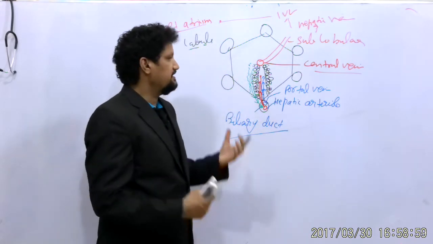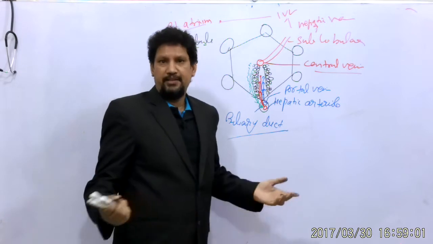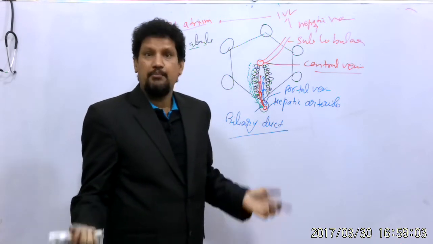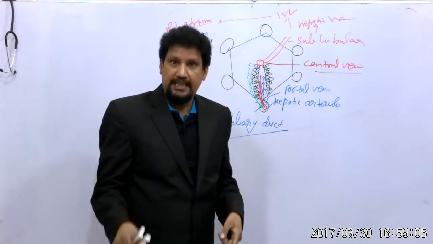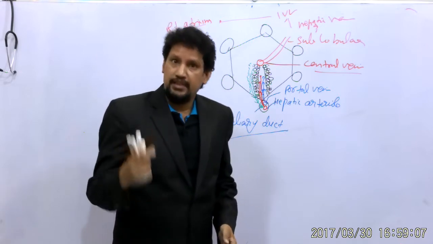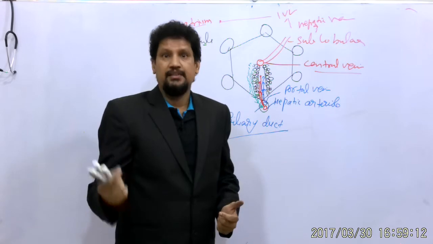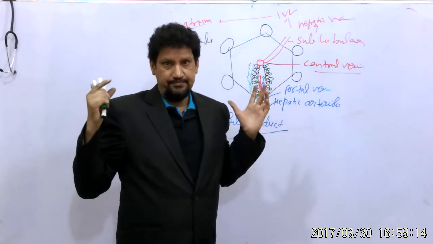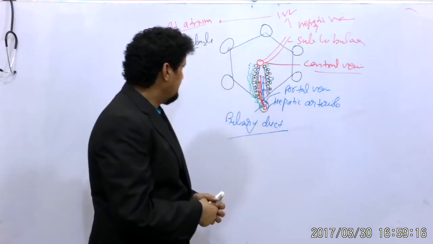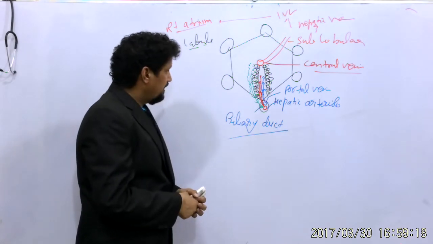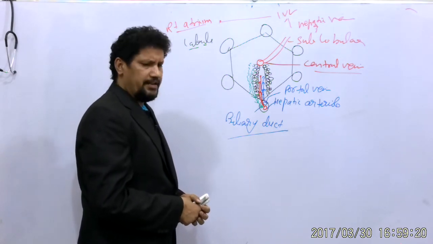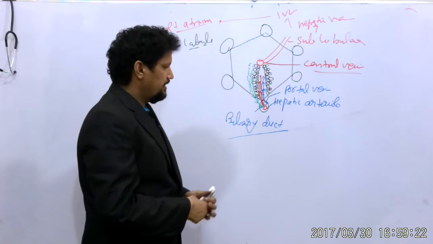So, what is the significance of the portal vein? It brings nutrient-rich but oxygen-poor blood to the liver, and after completion of the metabolic activities, blood enters the heart. So, this is the significance of the portal venous system or hepatic portal venous system.